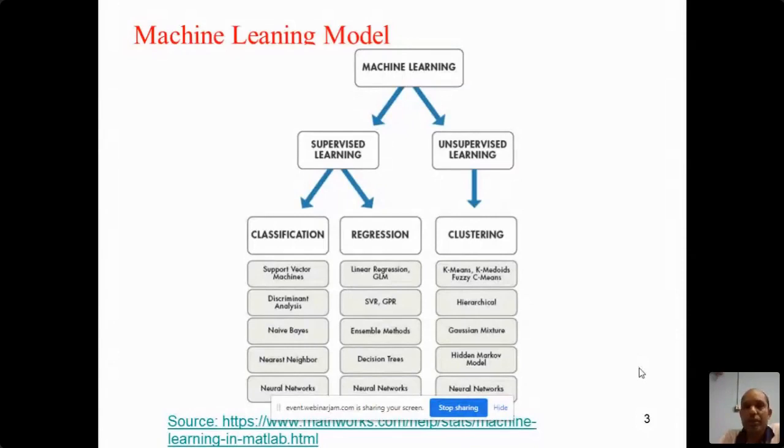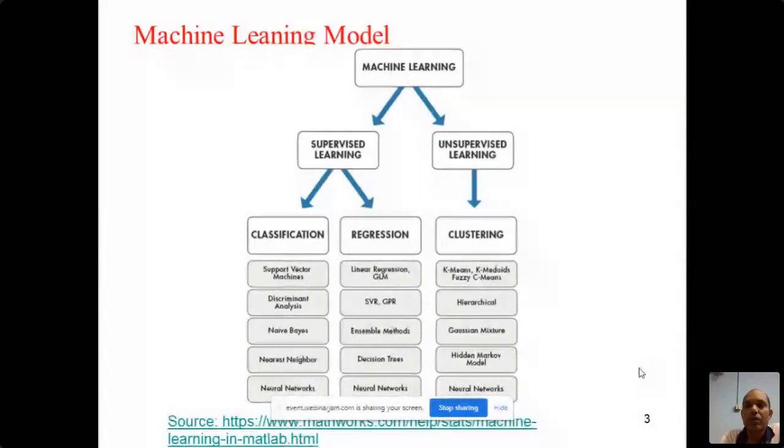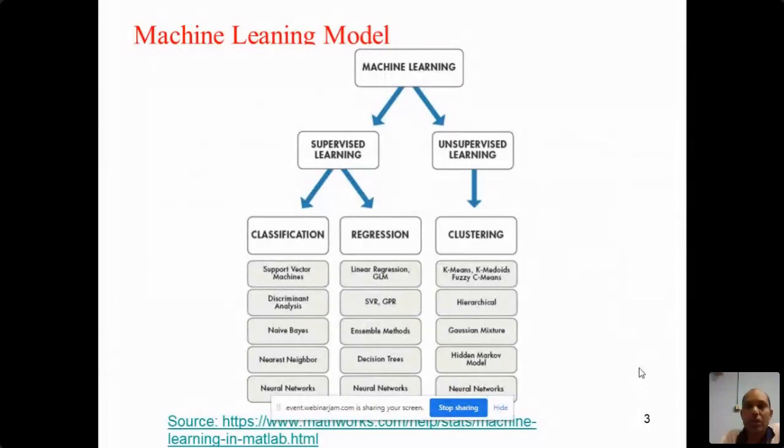Regression, yesterday we discussed a little bit about that. If we want to predict a continuous value, you have to apply regression. If you want to predict, for example, whether the student will pass or not, whether the leader will win or not, in that case you have to use the classifier.